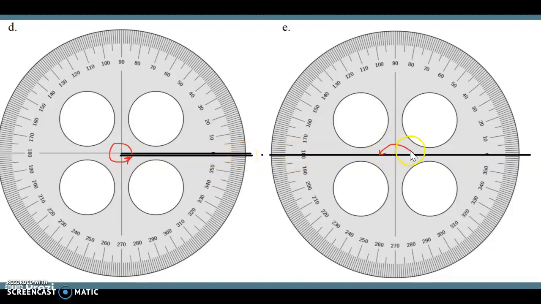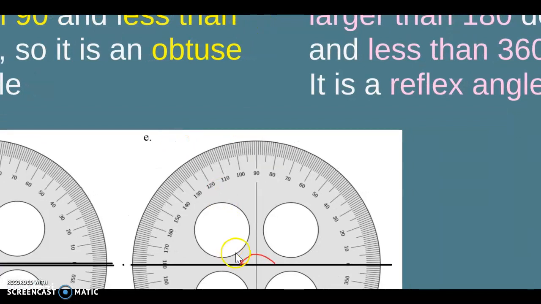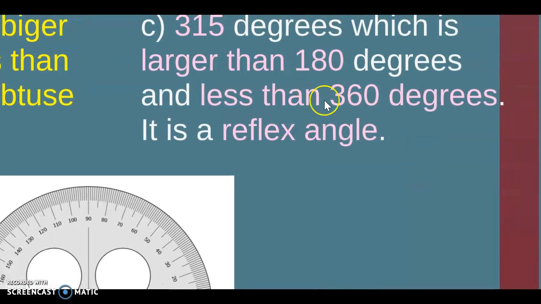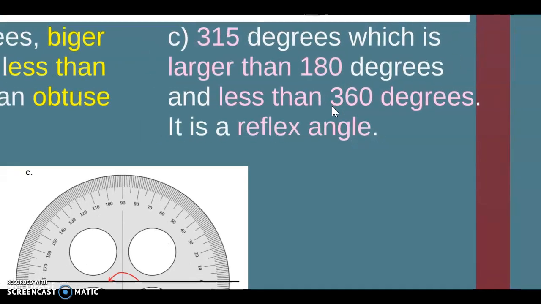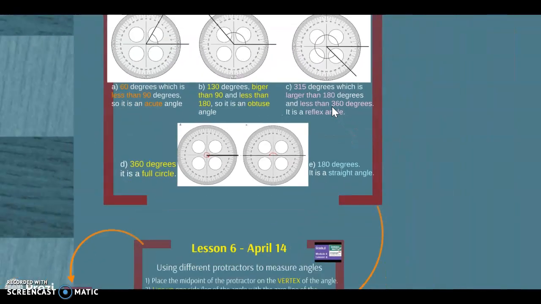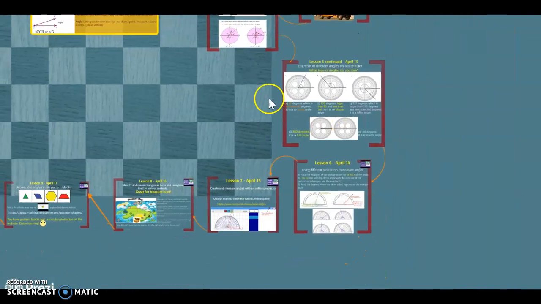This is your half circle. This is a straight angle, because look at this line. The angle is a straight line. That's what they call it, a straight angle. And reflex angle is between this and this. It's bigger than 180, smaller than 360. Yes? Let me quickly go over your exit ticket now.